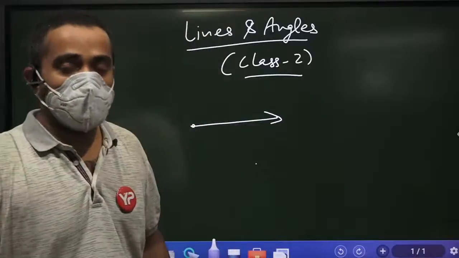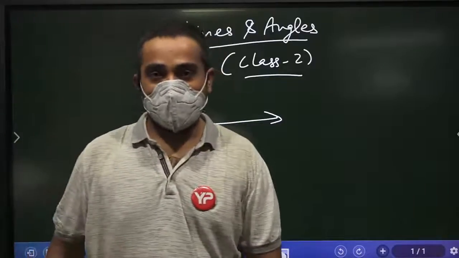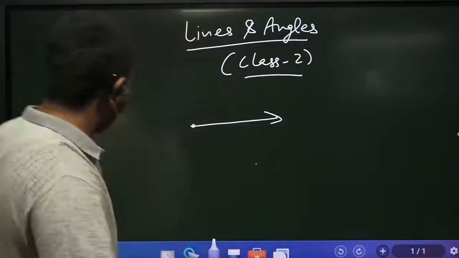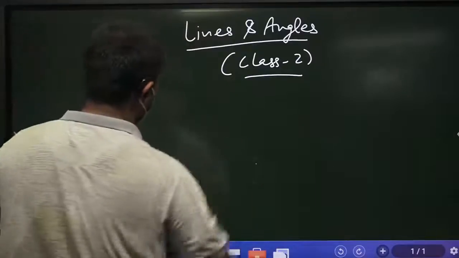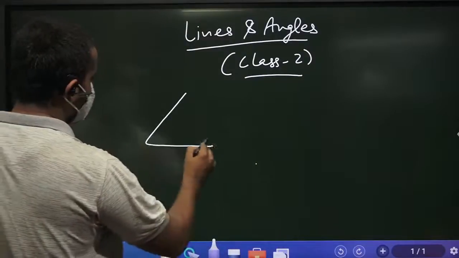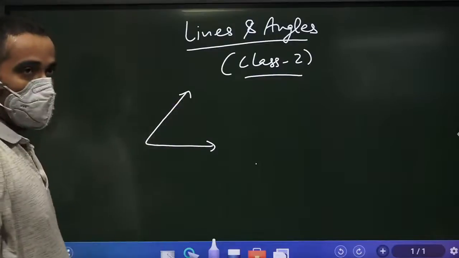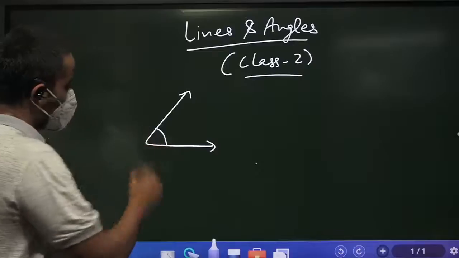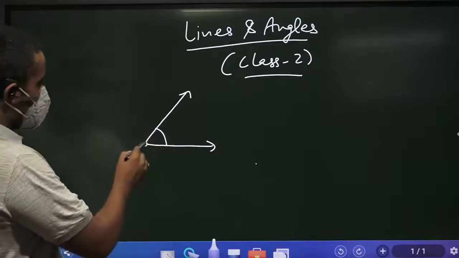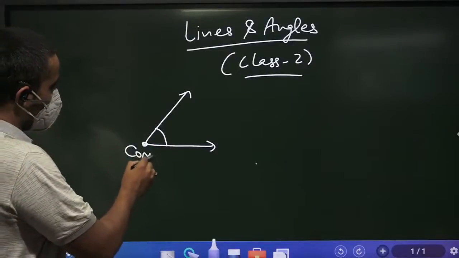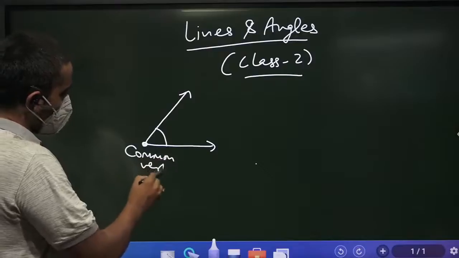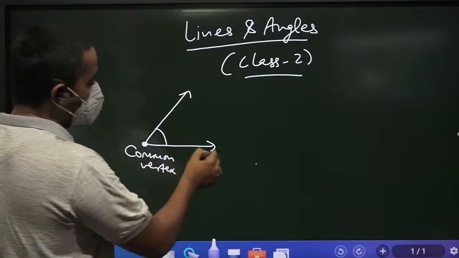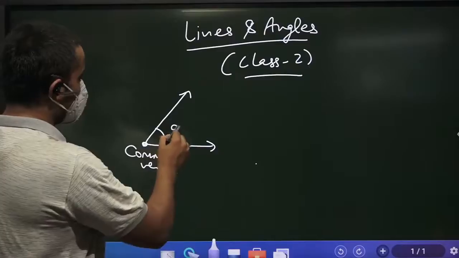In the last class we have also defined certain angles. Before discussing angles, this was an angle: if you have two non-collinear rays, not lying on the same line, with a common initial point or common vertex, then this is known as an angle.